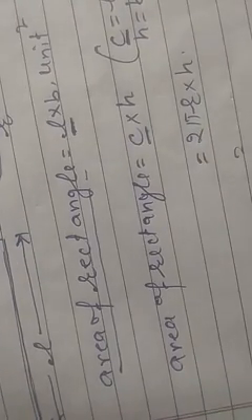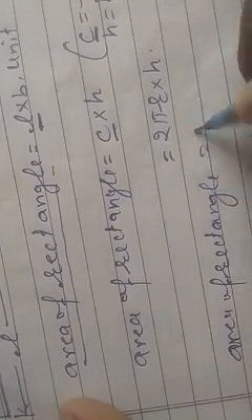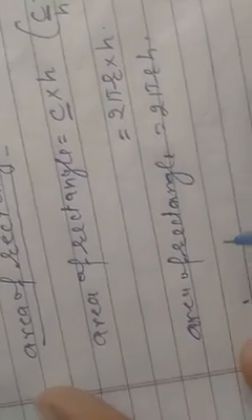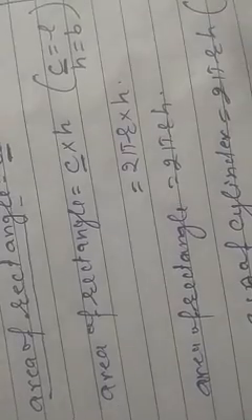Then the area of the rectangle is equal to 2 pi r h. Therefore CSA of the cylinder is equal to 2 pi r h, since the area of the rectangle is equal to the CSA of the cylinder, because it is formed by this rectangle.